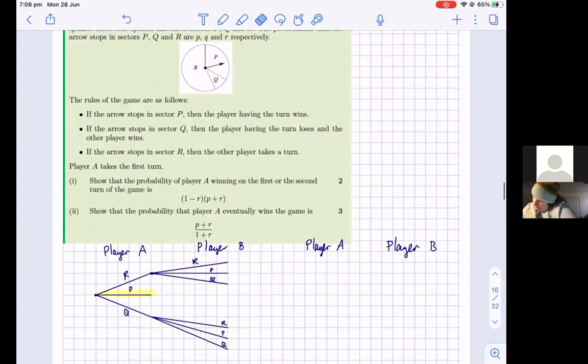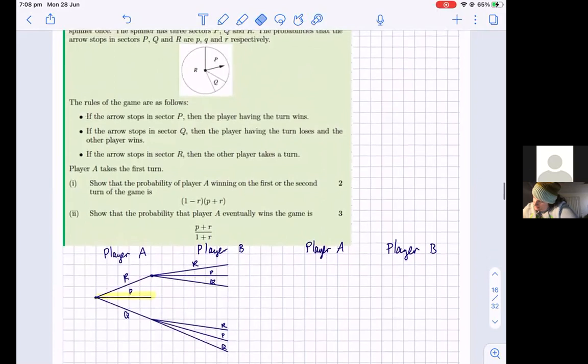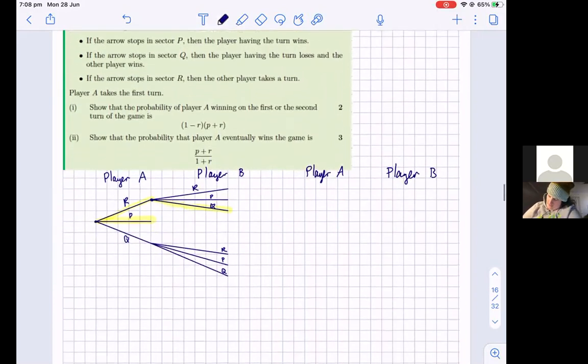Otherwise, if it had stopped on sector R and then stopped on sector Q, then player A would have also won. So options for player A winning in the first two.